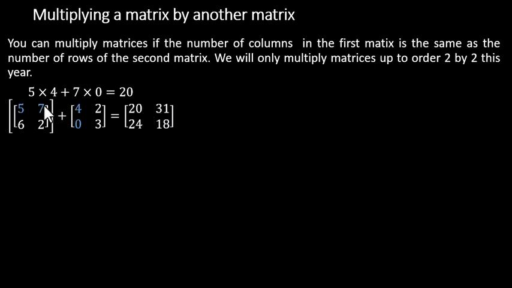Then when we come to the bottom, we have 6 multiplied by 4 plus 2 multiplied by 0, which gives us 24.